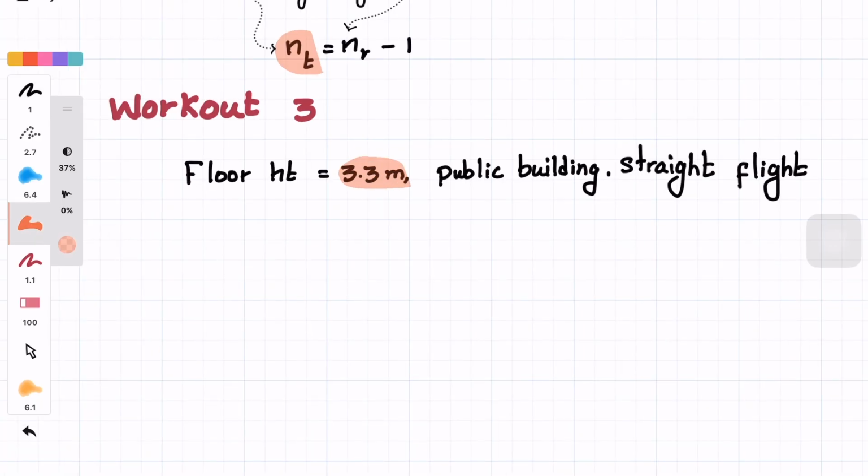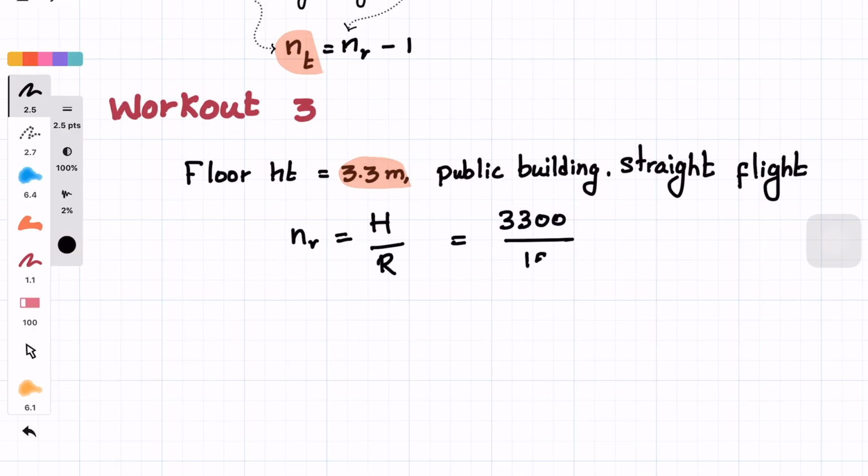Okay, we'll do a small simple workout. Here the given floor height is 3.3 meters. It is a public building with a straight flight staircase. Now we'll calculate the length of the flight. NR equals H by R, which is equal to 3300 mm divided by 150. This 150 is because it is given as a public building. For a public building, the minimum rise should be 150 mm.